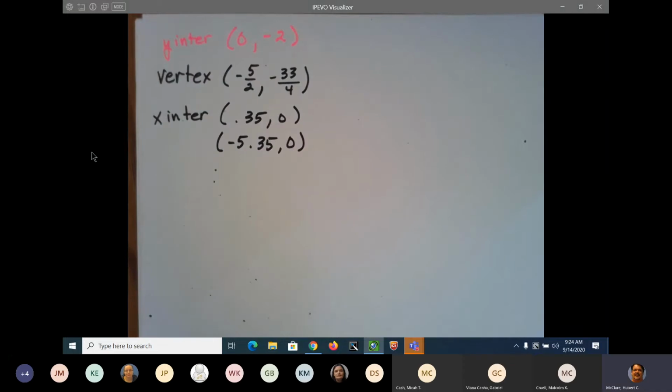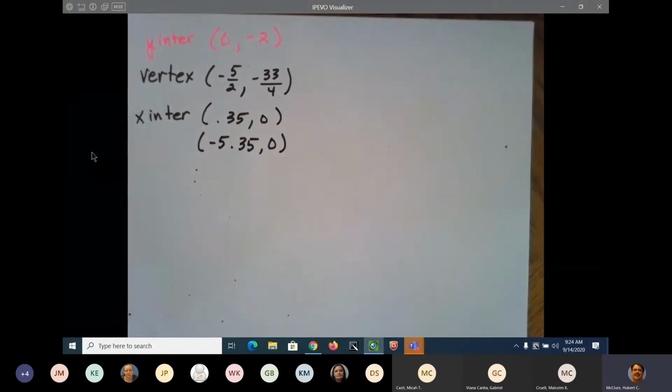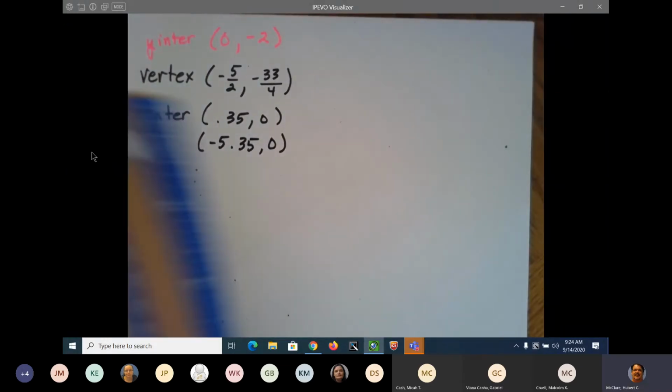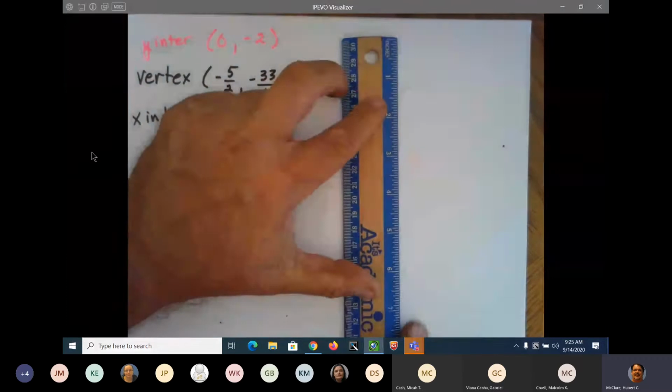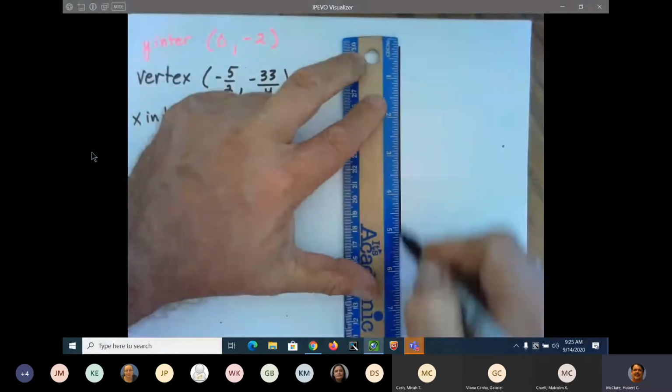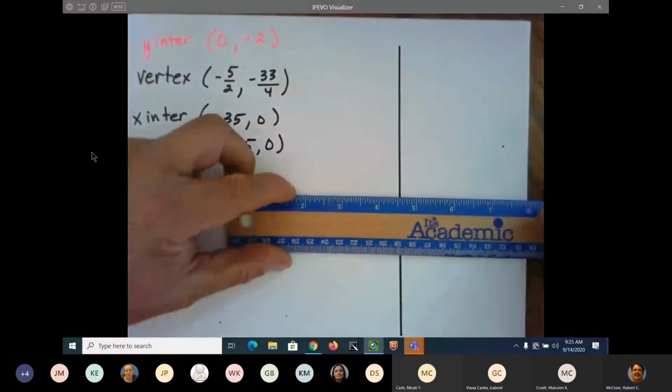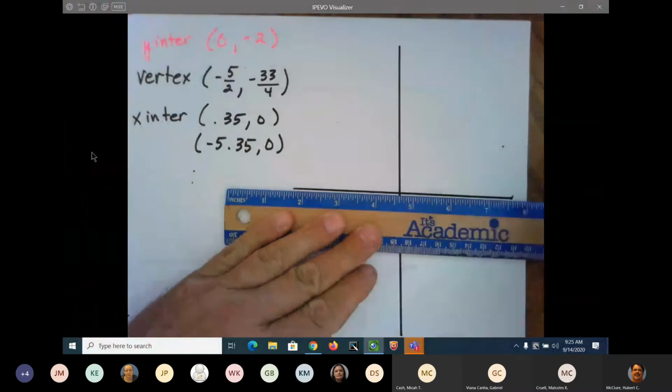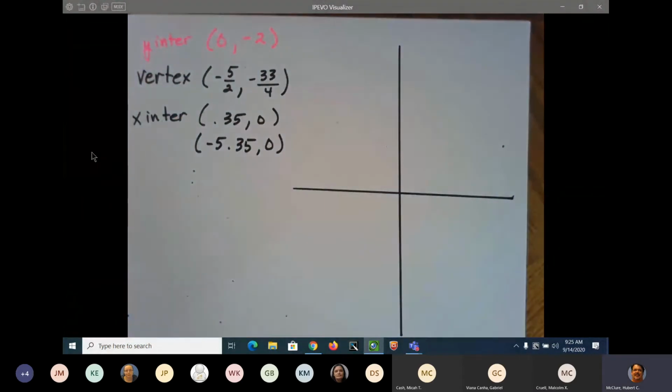Now, what are we going to do with all that? We're going to sketch a graph. So I'm going to take my handy dandy ruler I beat my kids with, and I'm going to draw a graph. There it is.